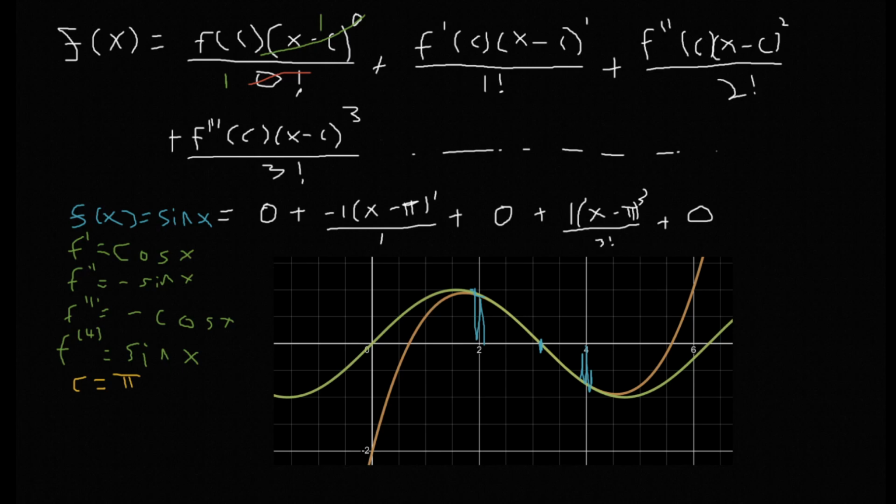But let's go do one more. What if we had f of x being e to the x? Let's do e to the 2x, because e to the x is still pretty easy. So let's start with f prime. F prime, we take the derivative of e to the 2x.